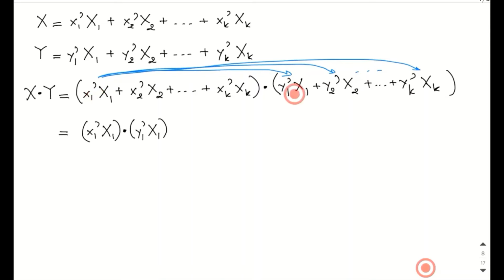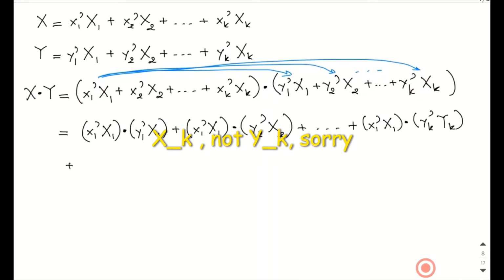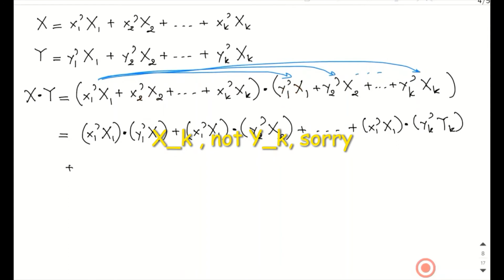This and this. Then we have x1 prime X1 dot with y2 prime X2. And then dot dot dot. And then this one with the last one. And then you repeat for the second term here. This with this.